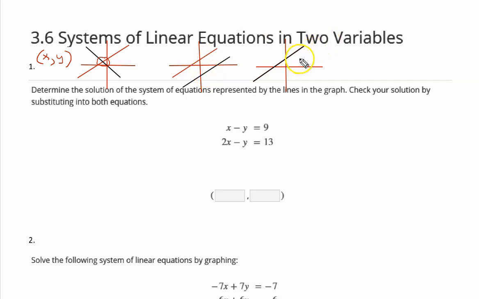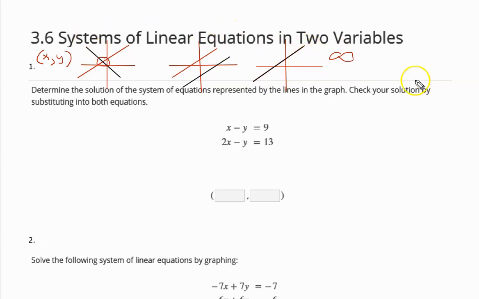And then in this third scenario, since the lines are actually the same, the equations are dependent and they are consistent because there's an infinite number of points of intersection.